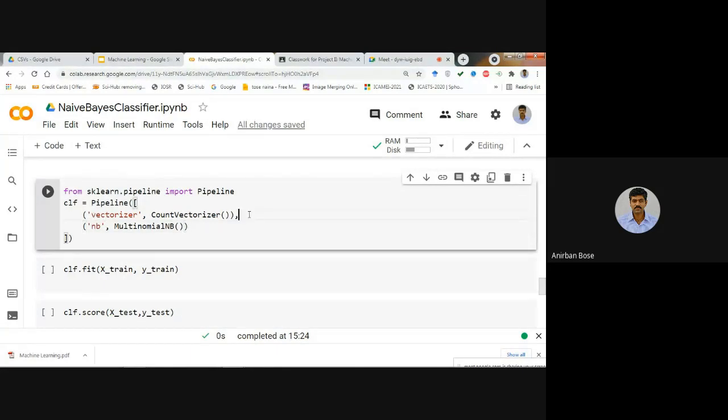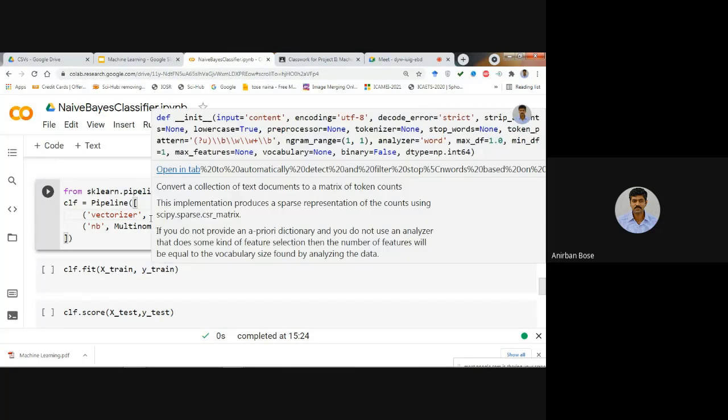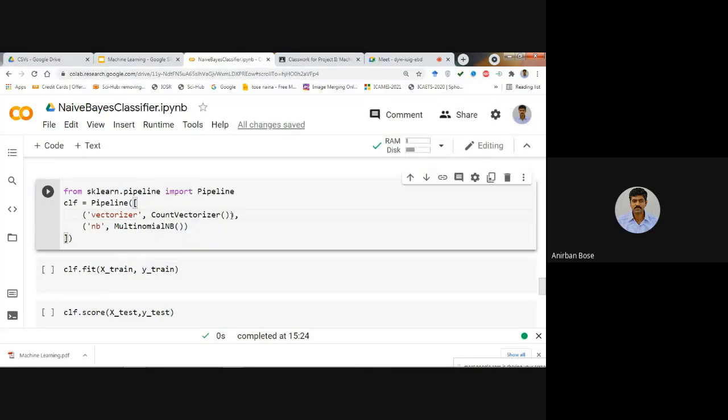The first task is that you take the data and vectorize it first using count vectorizer. That was our first job with the data, and then use the multinomial naive Bayes. So these are the two tasks to be performed, and we have considered them within a pipeline.